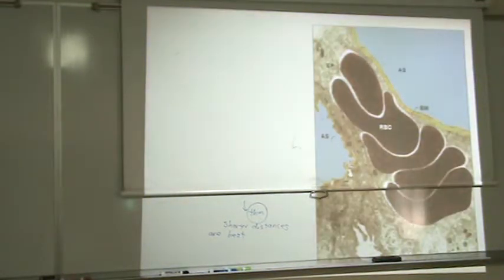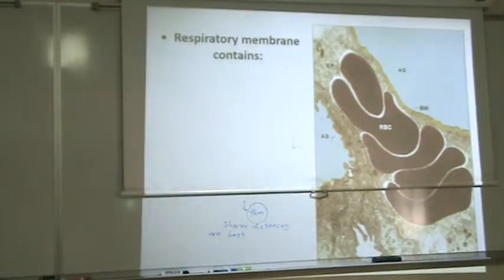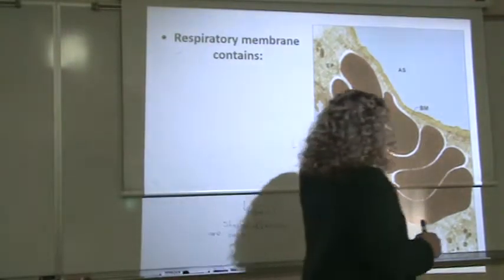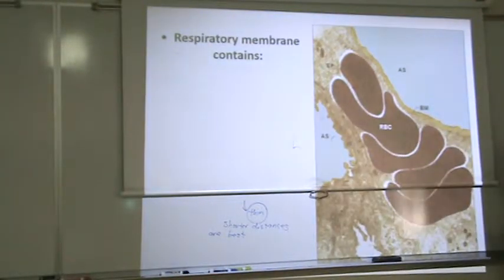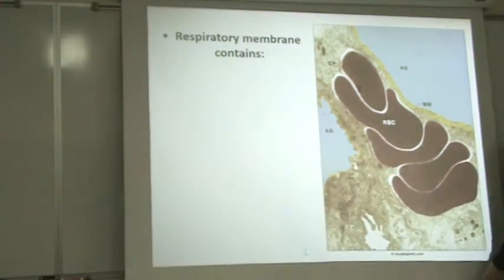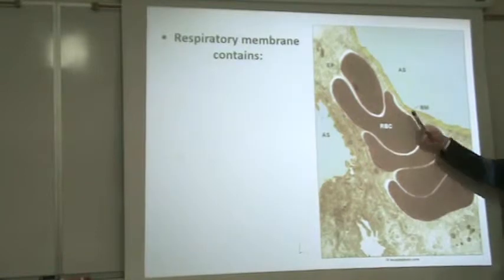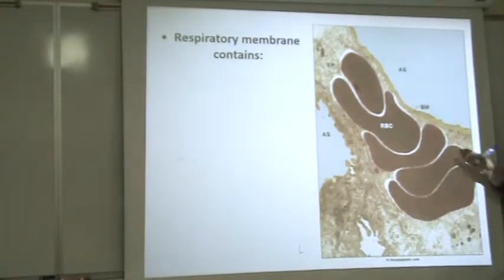Okay, now this picture. I really like this picture. This is a picture of respiratory membrane in the lungs. In the lungs. The red are red blood cells. They are moving through an alveolar capillary.